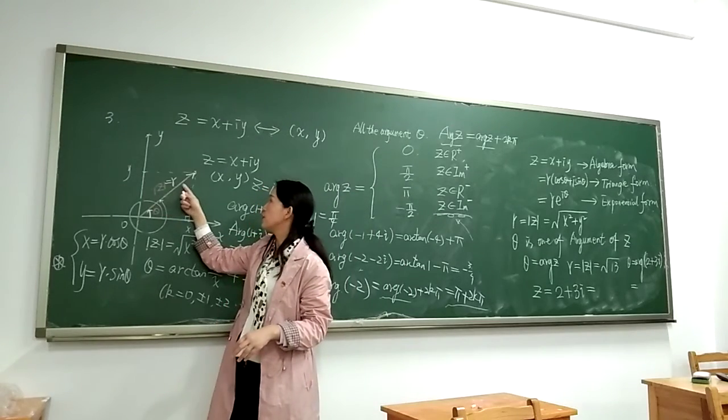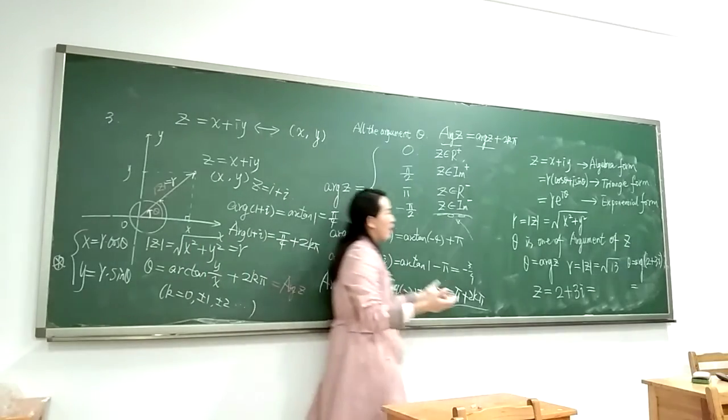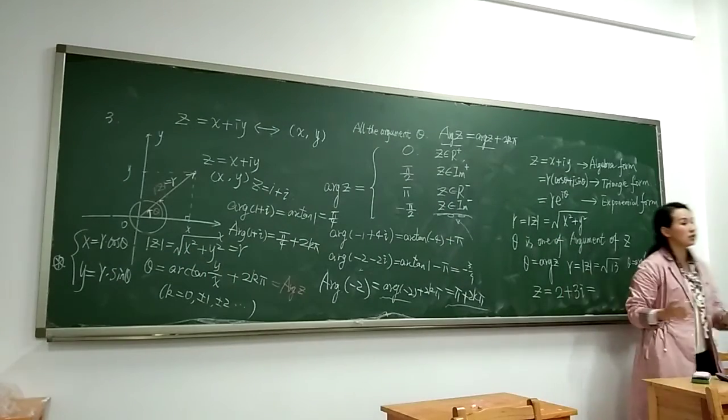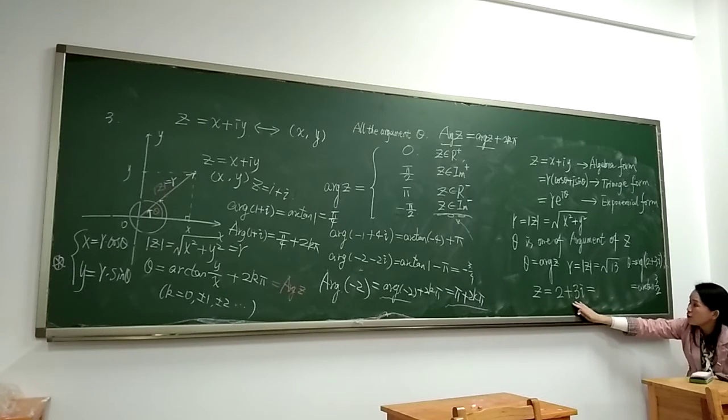So the first one, the principal argument, you can write arctangent y over x. Okay, this one.